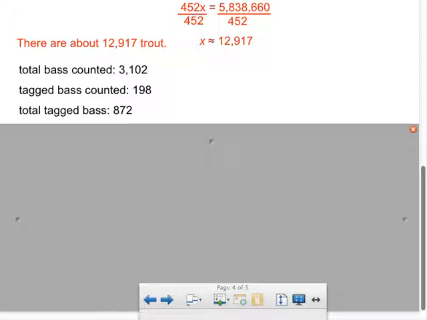Okay, so the first step, the easy step, or at least should be easy now. What is going to be in the numerator of the ratio on the left? Justin. 198. Very good. Okay. What's going to be in the denominator? Miriam? 3,102. Very good.